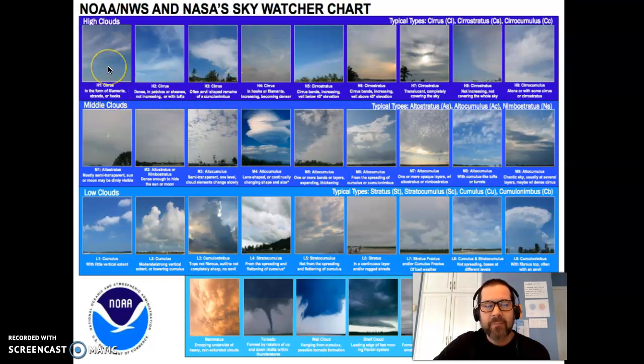You see here these cirrus clouds, the wispy tail-like clouds that are composed completely of ice crystals, and they're the ones that are the highest in the atmosphere.